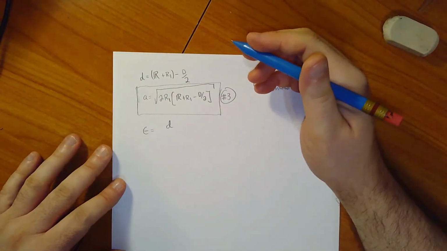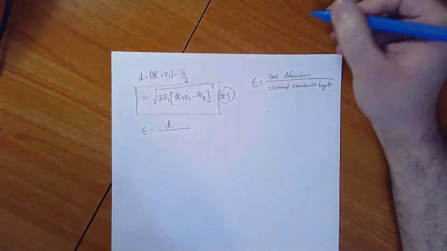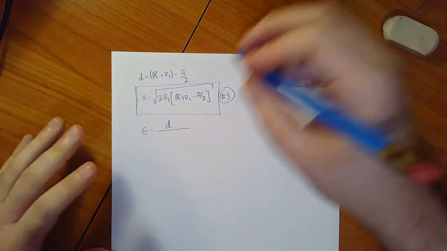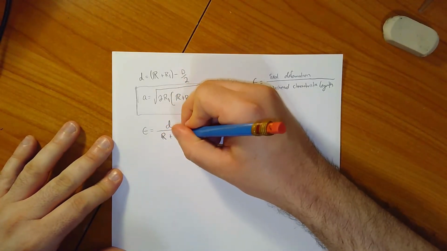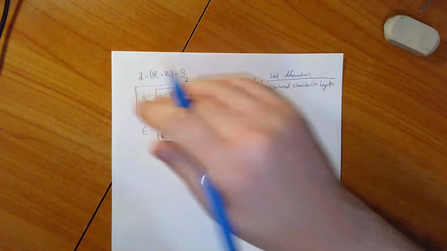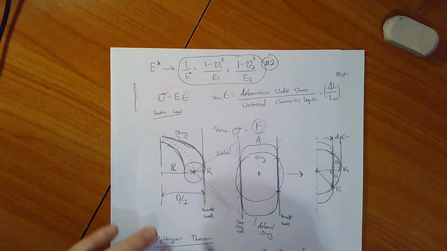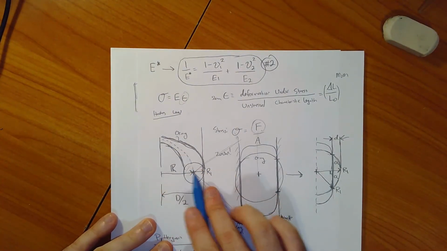And then what is the undeformed O-ring characteristic length? I am going to use R plus R1. That is the length from the center line, the central axis, to the edge of the O-ring.